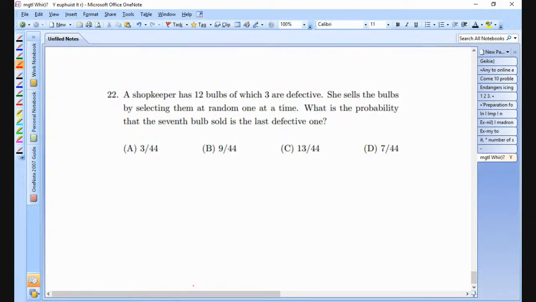So the shopkeeper has 12 bulbs, out of which 3 are defective. She's selecting them one at a time at random. What is the probability the 7th bulb sold is the last defective one? The 7th bulb: 1, 2, 3, 4, 5, 6, 7, 8, 9, 10, 11, 12.